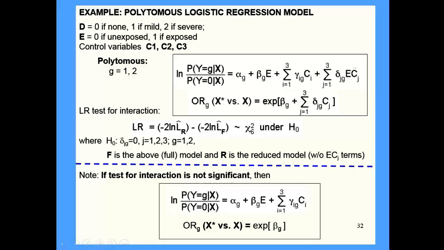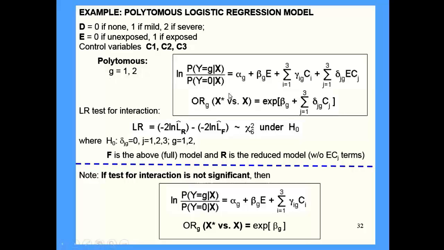And if you're doing the likelihood ratio test, the full model is this, and what's the reduced model? Same old stuff. It doesn't have these product terms, for both versions of the model. This way of writing it has 2 components, because G is 1 and 2.